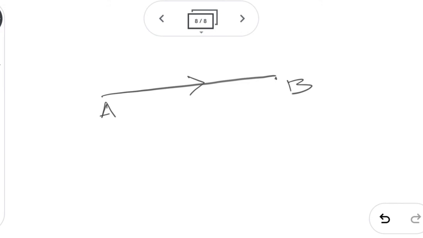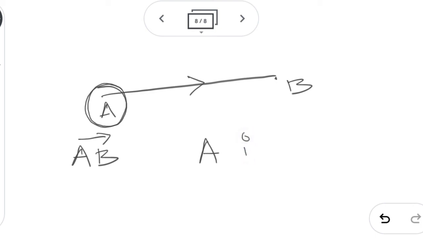Now consider a vector AB, that is, the direction from A to B. Here the vector starts from the point A, so this point A is known as the initial point of the vector.